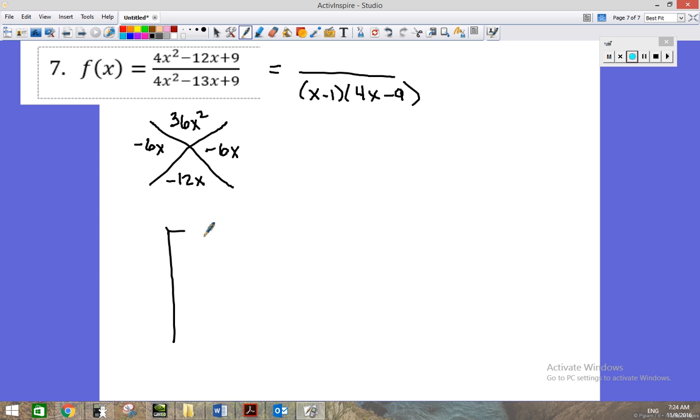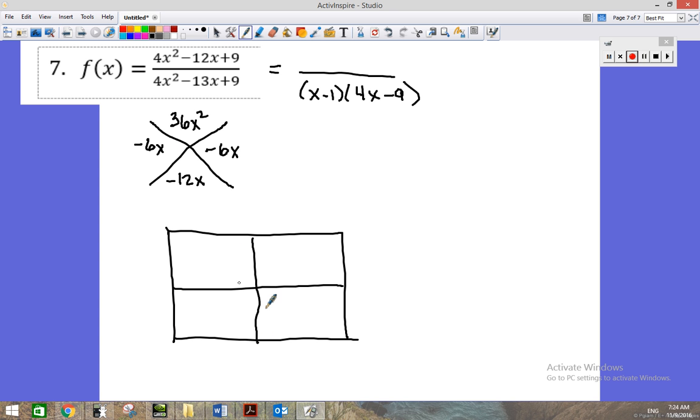So when we come down in our table this time, we have the same diagonal across here, the first term and the last term of the original expression, my 4x squared and my 9, and then I take the values that I found from my x and put them along the other diagonal. So I've got negative 6x and negative 6x.